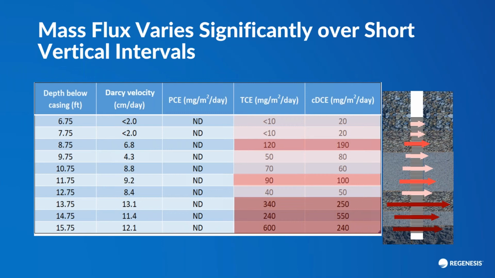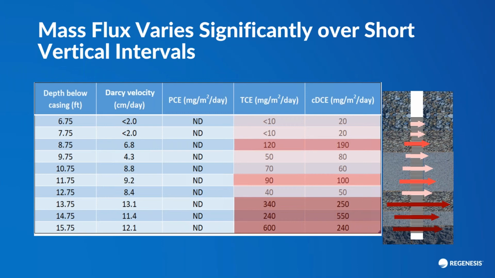There are Darcy velocities associated with each, which range from less than 2 up to a 12. So there's probably just around a multiplier of 3 if you take the measurable 4.3 into 12. So there's your 2 to 3 times. There was no PCE present, but you can see TCE and DCE are presented in milligrams per square meter per day. And you can see the variability across the 10-foot well screen.